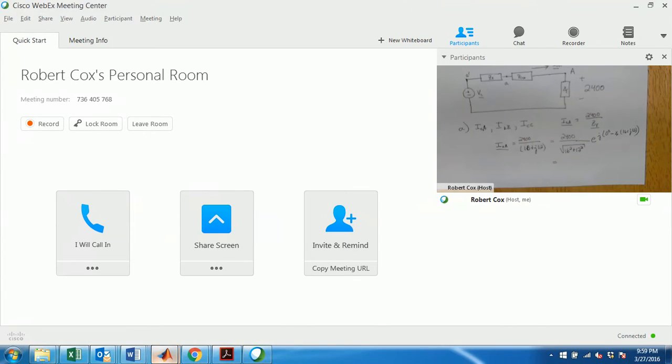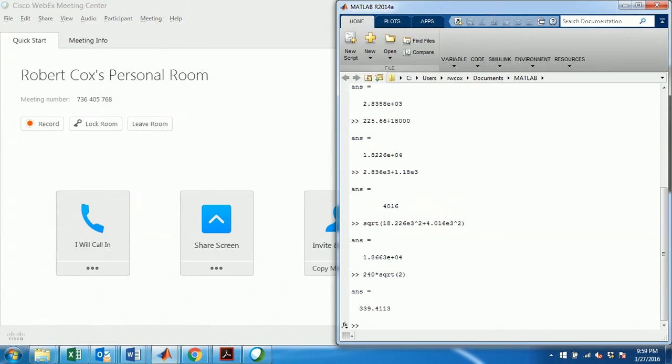So we're going to fire this up in MATLAB here. 2400 divided by the square root of 16 squared plus 12 squared. All right, is 120.